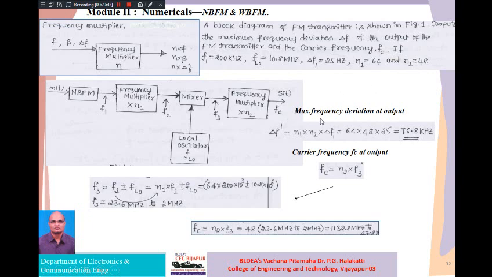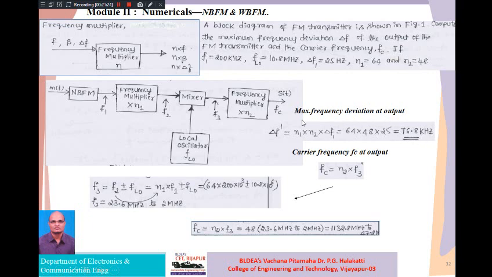The maximum frequency deviation at the output is given by the formula delta F is N times delta F1. So delta F' equals N1 times N2 times delta F1. Substituting the given 25 hertz, we get the final frequency deviation at the output as 76.8 kilohertz.